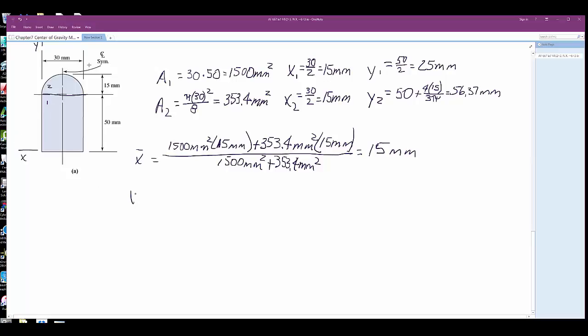So then Y bar. You're still having trouble figuring out which is X and which is Y on some of your drawings or on some of your work too, so you might want to be careful in that.